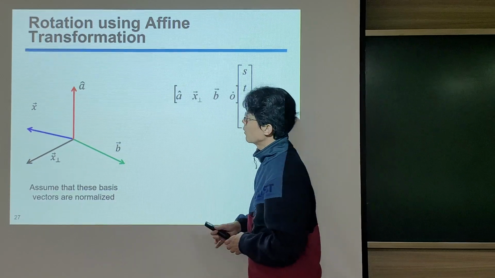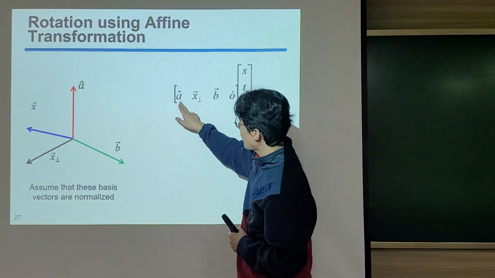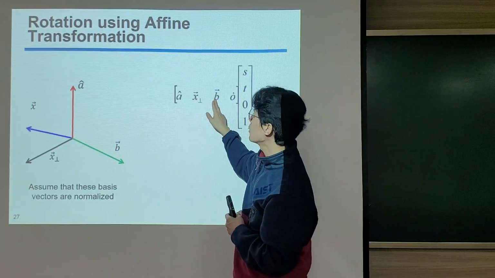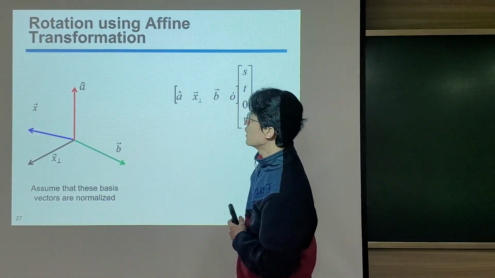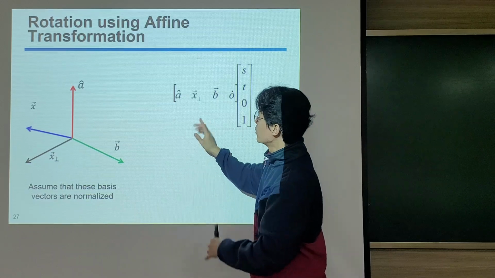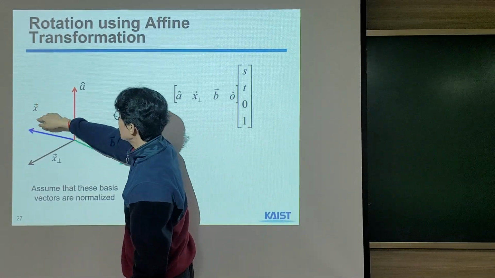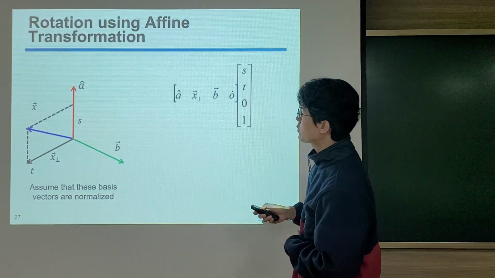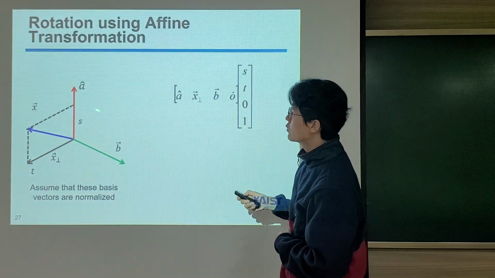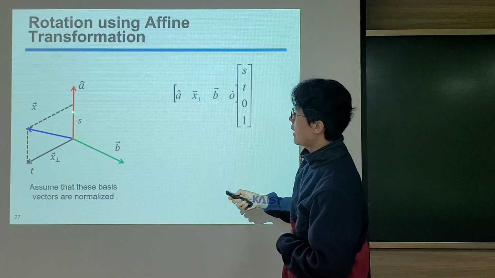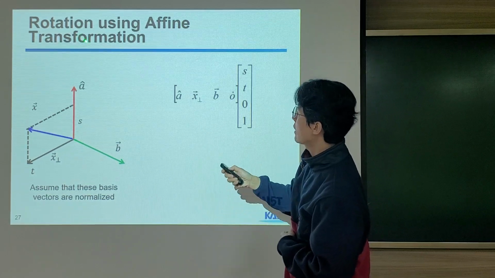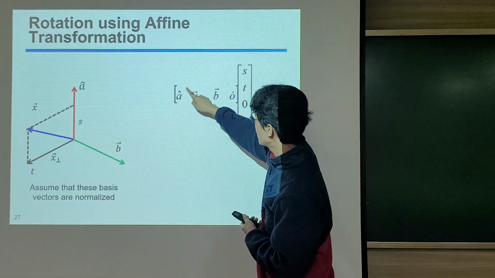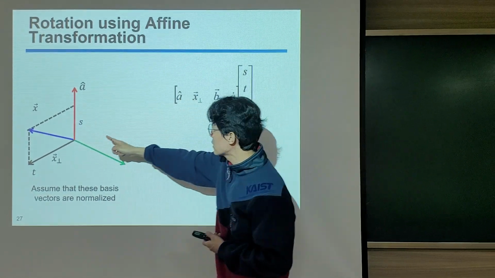Then we can define this frame with this vector, another b vector here, with some arbitrary origin. And given this frame, we can represent this x vector within this frame, right? How can you do that? If we take the dot product of the x vector onto the a, then we can compute the coordinate along this a vector. Then this vector has the coordinate s along that direction.